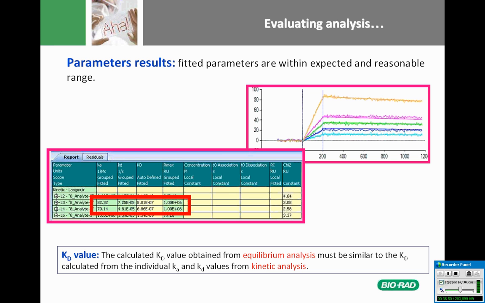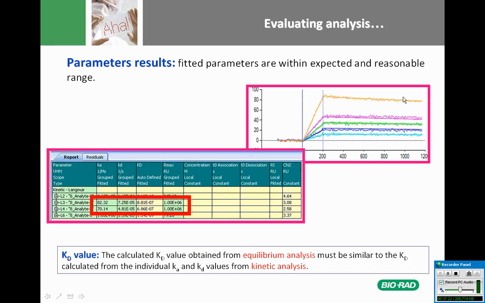Kas of 80 or 70 do not exist in nature, or not to my knowledge. Once you see such results, you can immediately say that something is wrong. And this is of course because, as you can see here in the sensorgram, as we saw before, the analyte concentrations were too low, or the injection was too short, so the binding event is still linear, and the dissociation also is still linear.